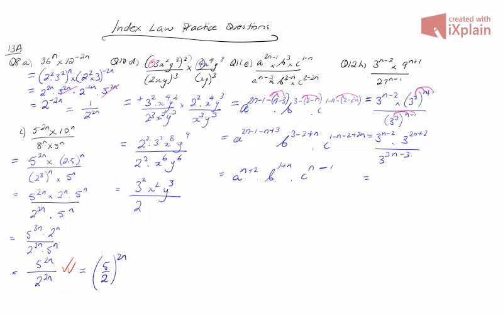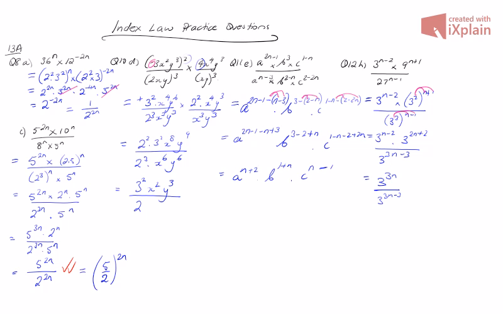Now, let's tidy up that top. So let's have a look here. You've got an n and a 2n, that's 3n, and a negative 2 and a 2, that's 0. So we just get left with 3 to the 3n, and then we have 3 to the 3n minus 3 on the top.